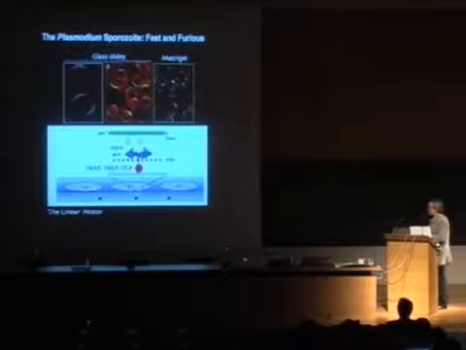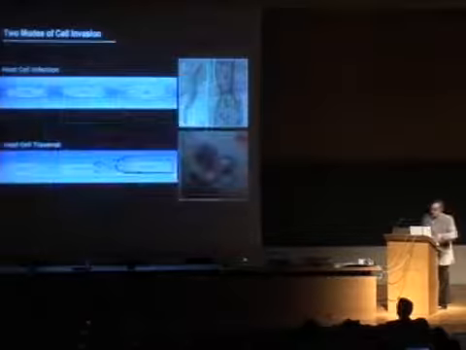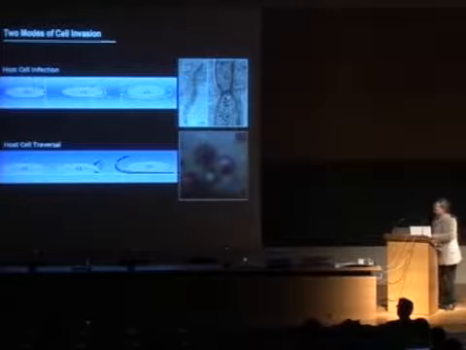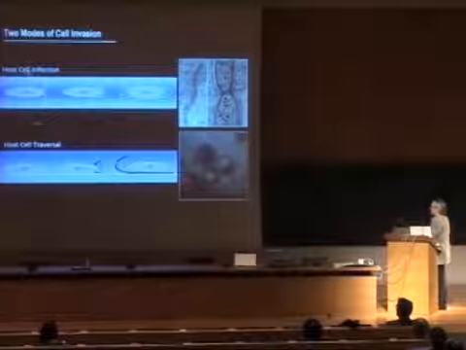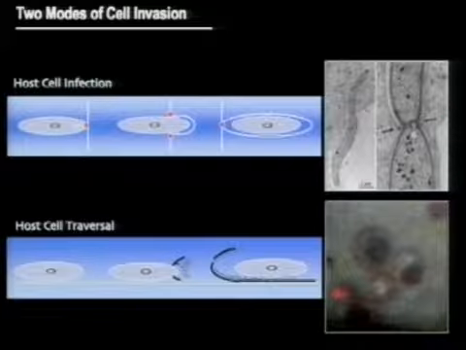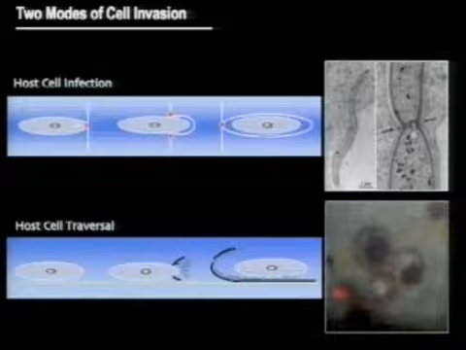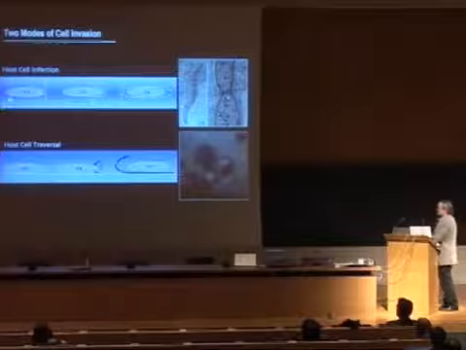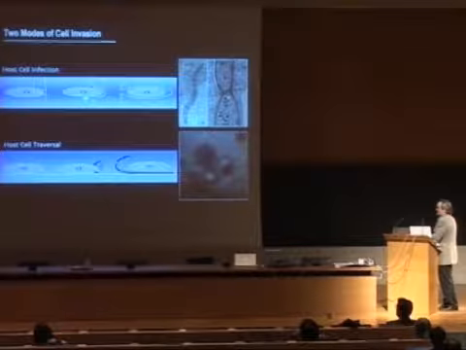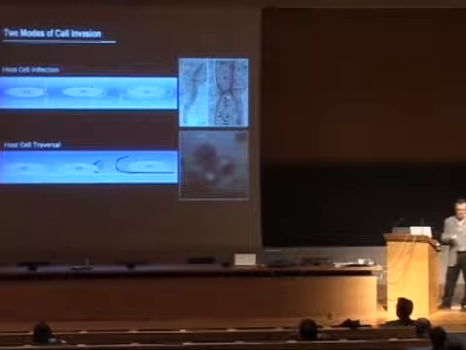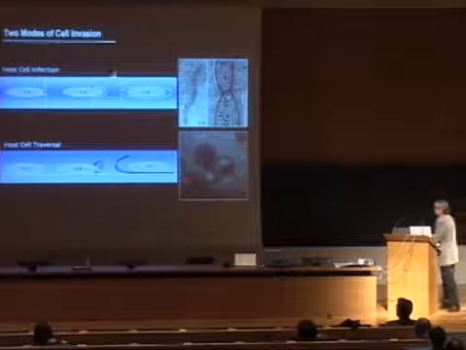Now, this motility is important for extracellular gliding on substrate, but it can also power 2 modes of cell invasion. The first one is the typical kind of cell infection, during which the parasite forms a junction, pulls on the junction, and then ends up inside a parasitophorous vacuole.